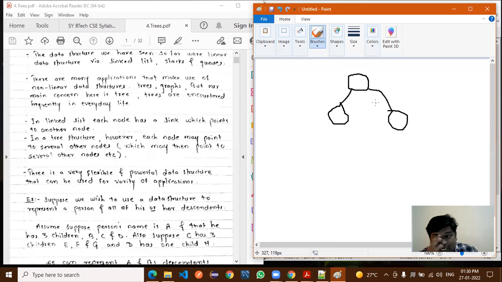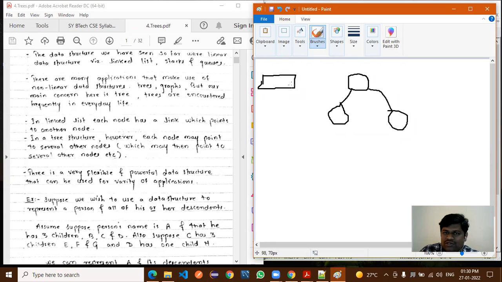Now in the linear, the first element is always connected with the second element. The first element is connected with how many next elements? Only one element. We have seen a linked list like this.